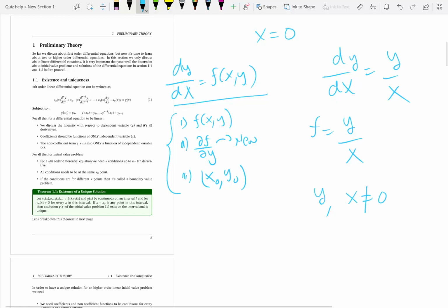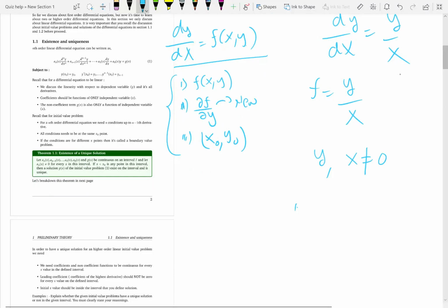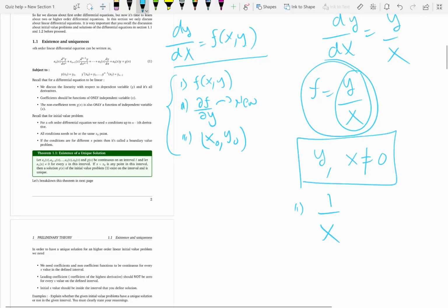So that is the region that you propose. Second thing, you have to look at the partial derivative of f with respect to y. If you differentiate y over x with respect to y, the answer will be 1 over x. The derivative of y is 1, and x is a constant because it is a partial derivative. 1 over x is continuous except at 0, so the same region is valid. We do not make any adjustment to the region.